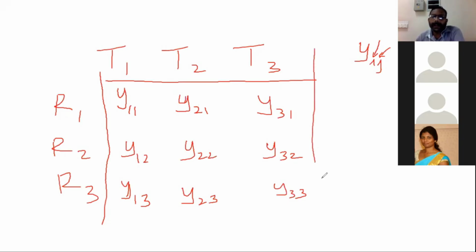Right. Now, I just put the line here. Is it clear? Now, if I write, for example, Y, I put it as summation. Summation means summing up.